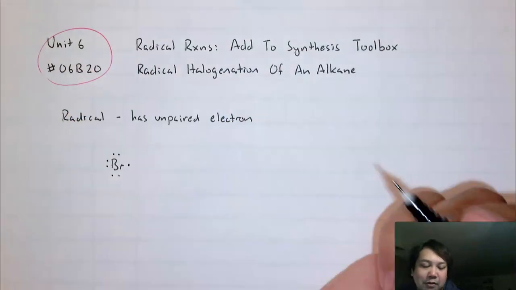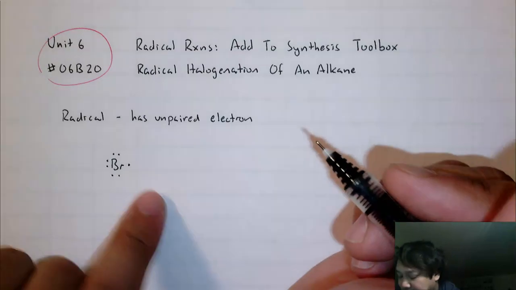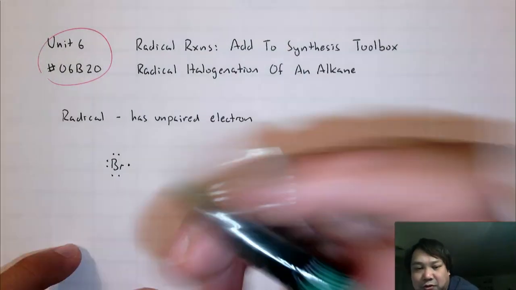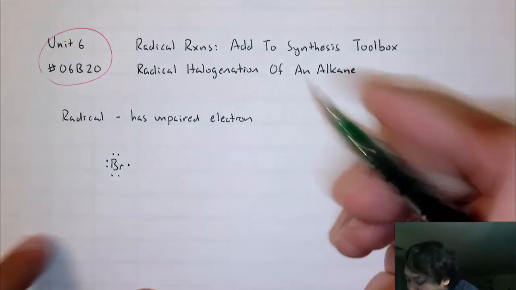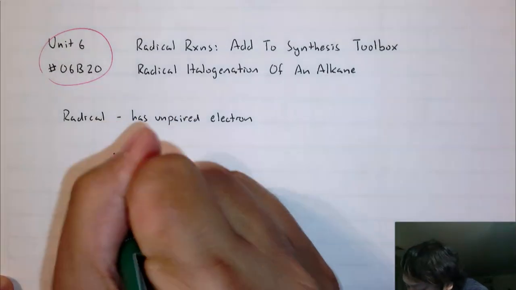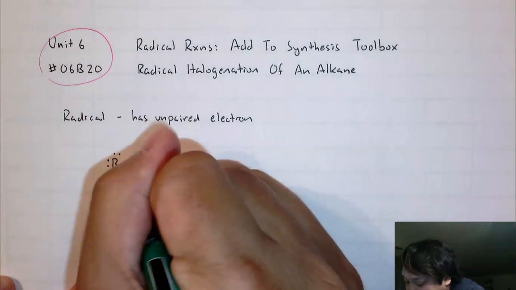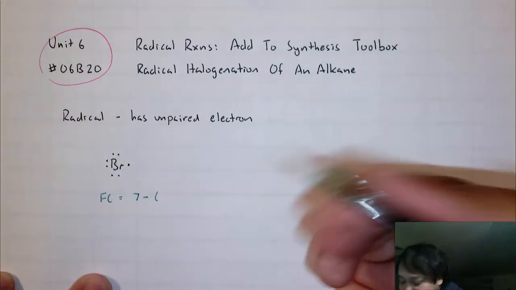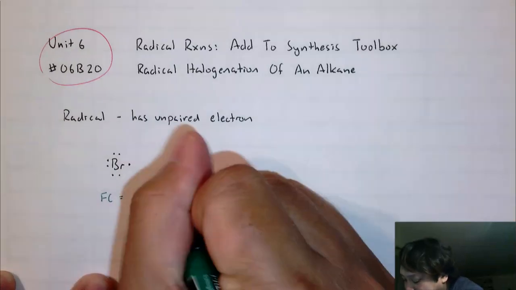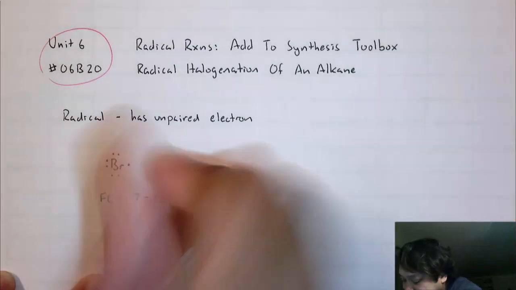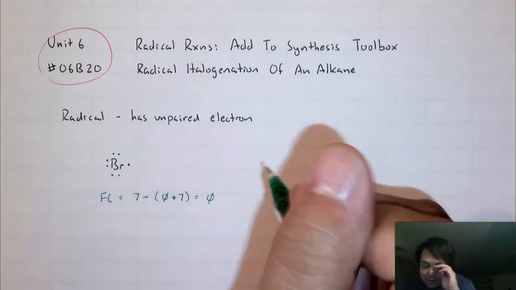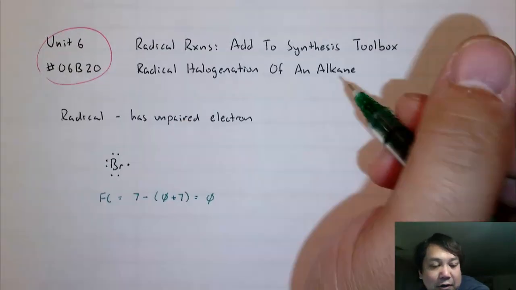The bromine radical has 3 lone pairs and 1 unpaired electron. If you use our formal charge equation, formal charge equals the number of valence electrons, for bromine 7, minus, and I say sticks plus balls. Sticks meaning bonds, but there are no bonds, and there are 7 balls. Sticks plus balls. So that's neutral. Most radicals that we are going to see are going to be neutral.